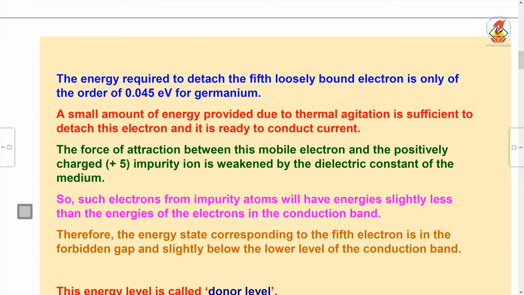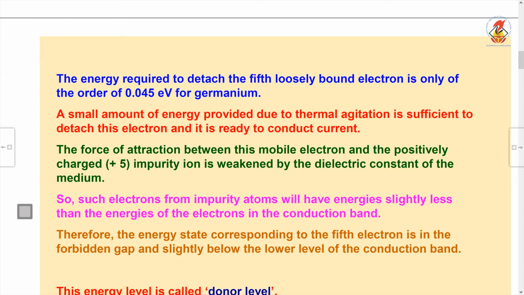So as I told, the energy required to detach the fifth loosely bound electron is only of the order of 0.045 electron volt for germanium. Now, a small amount of energy provided due to thermal agitation is sufficient to detach this electron and it is ready to conduct current.